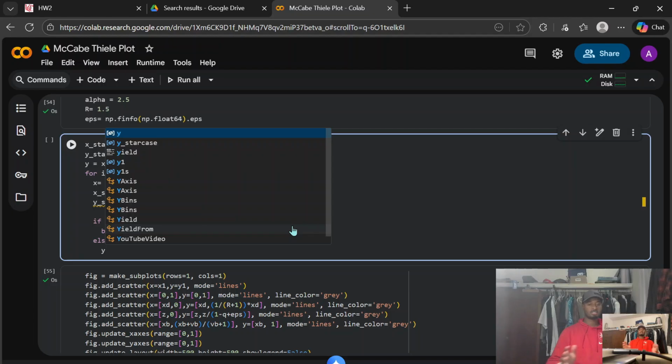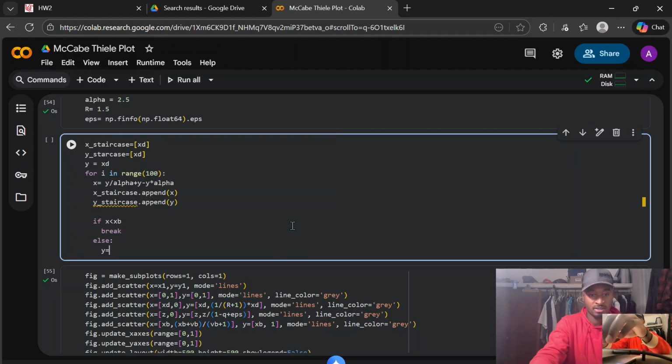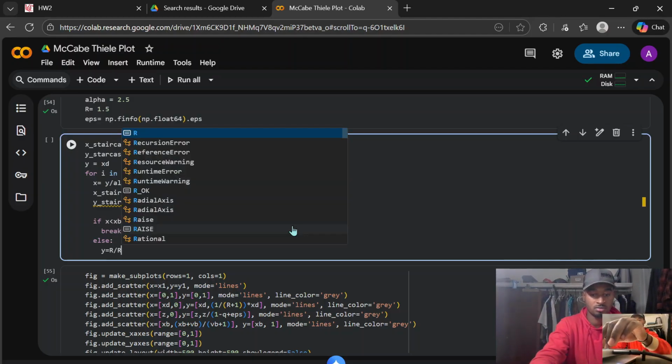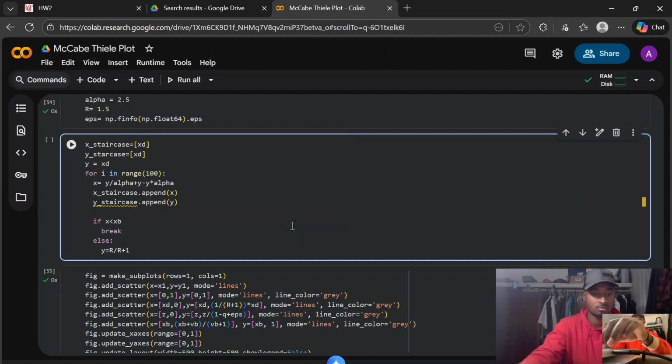So to do that, we just utilize the equation that we derived for the rectifying line. So we can say that y is equal to r divided by r plus 1, right?